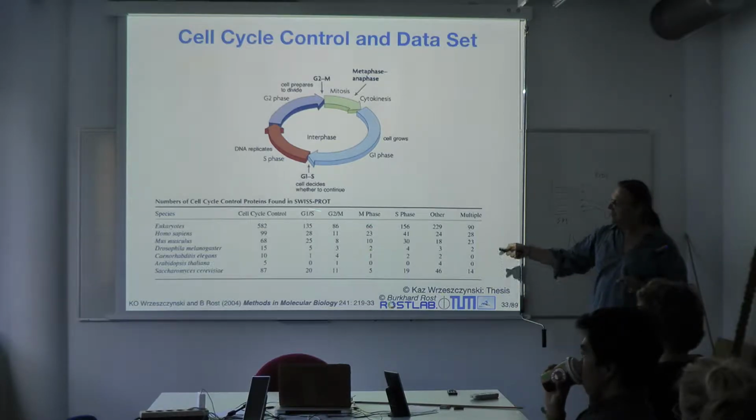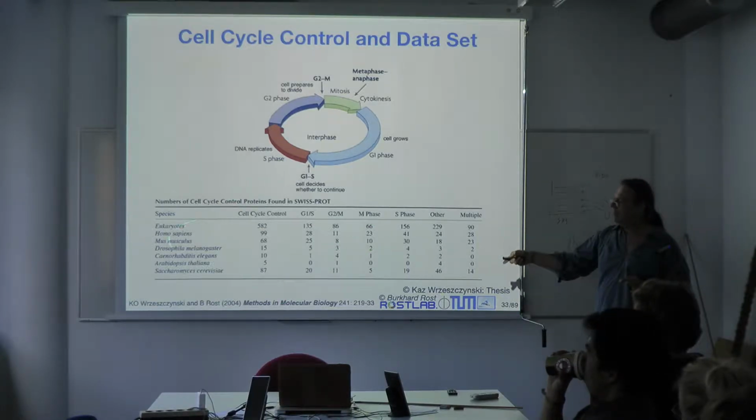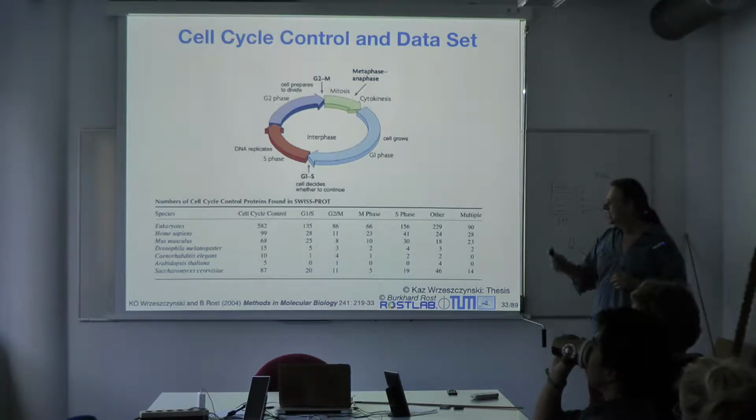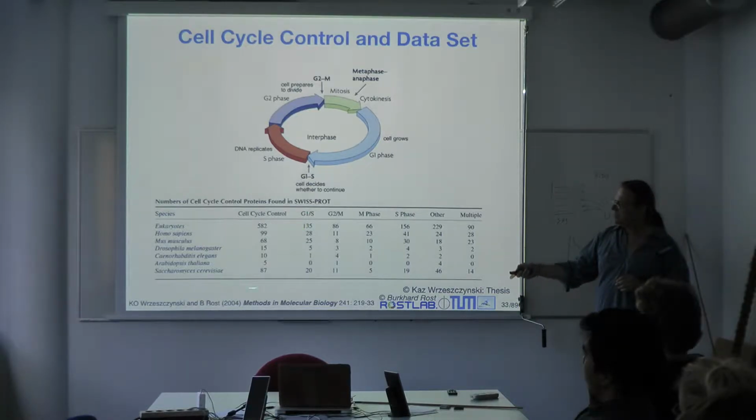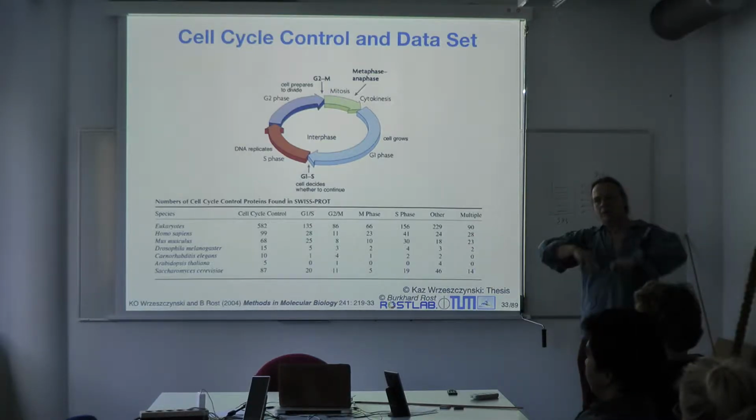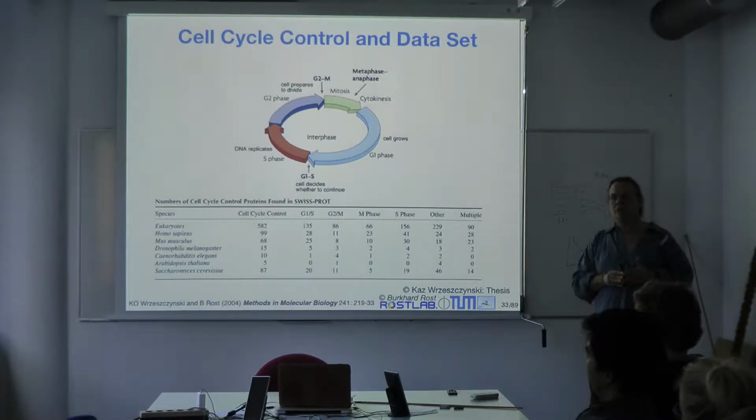Those are the numbers of experimentally annotated cell cycle control proteins when Kaz started, from Swiss-Prot. For all eukaryotes, he had about 600. For yeast, about 90. So now the question is, how can we blow up this data by using homology?